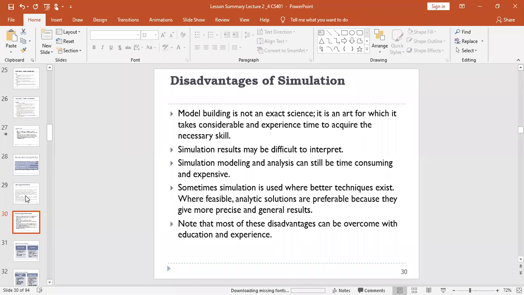Disadvantages: model building is not an exact science. So that's the first disadvantage. As long as we are using a model, we are not going to have 100% accuracy. But it is an art for which it takes considerable effort and experience to acquire the necessary skills. So it will take some time.